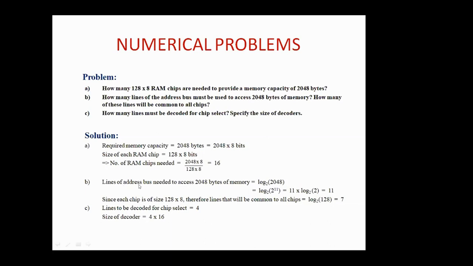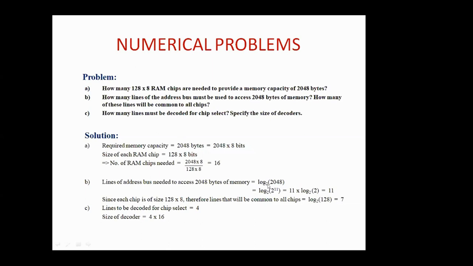So lines of address bus needed to access 2048 bytes of memory will be equal to log 2048, log of the number of words in the memory. But the log is to be taken to the base 2 because we are representing them in binary.